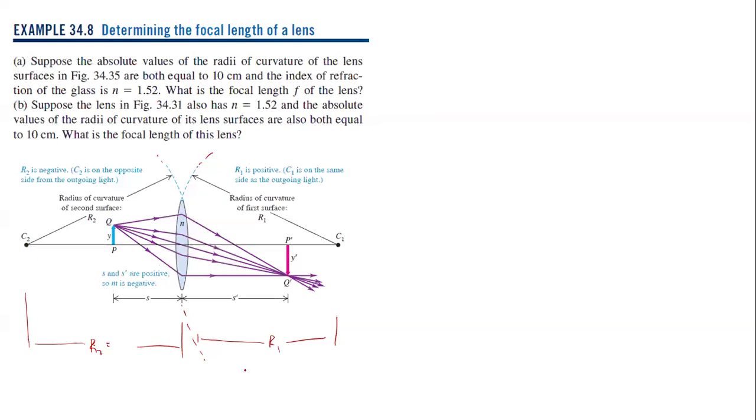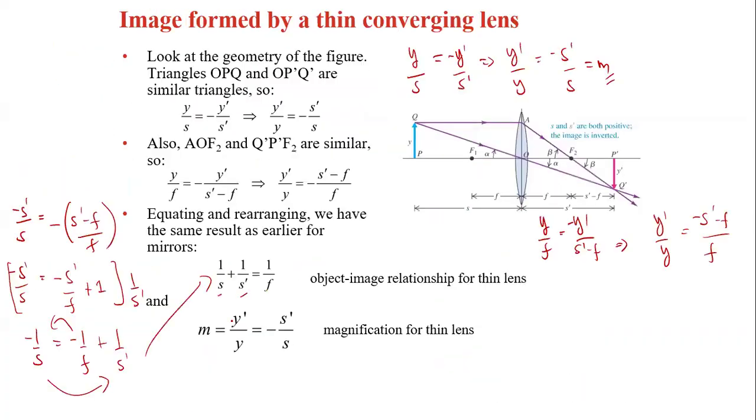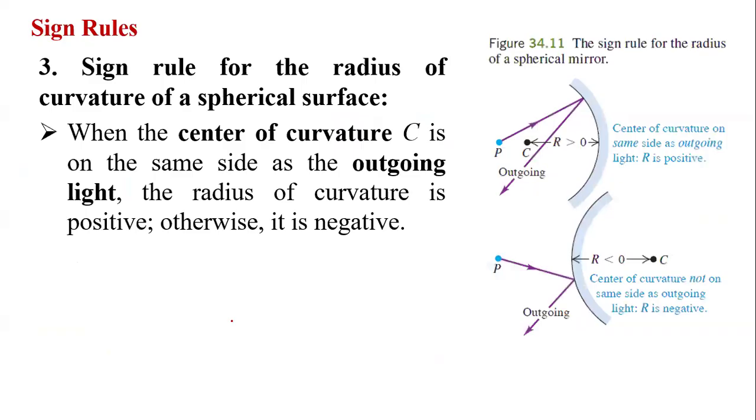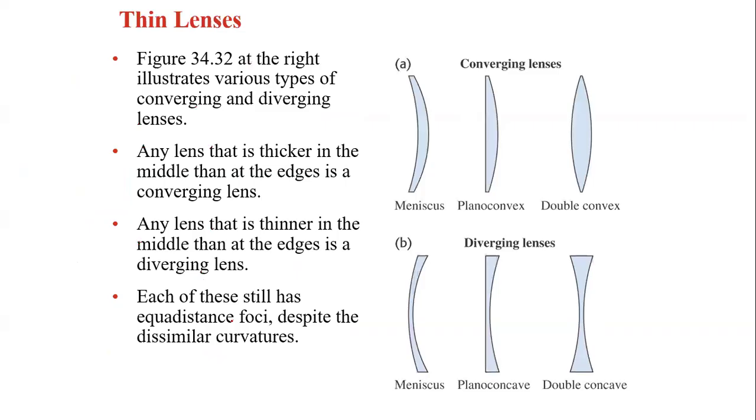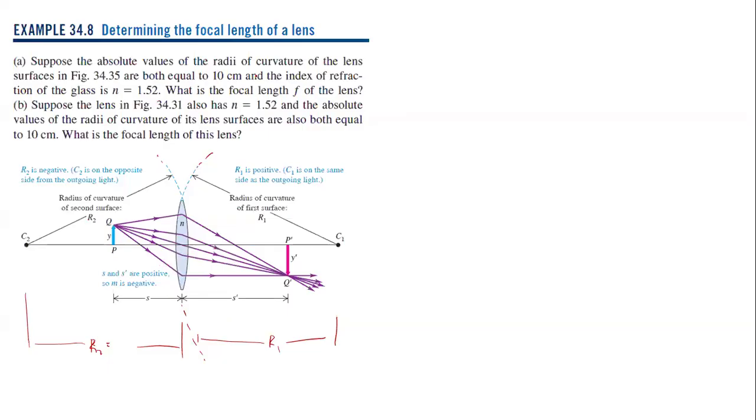Okay, let's look at the sign rules. R is positive if the center of the curvature is on the same side as the outgoing light. So the center of the curvature here is on the same side as the outgoing.